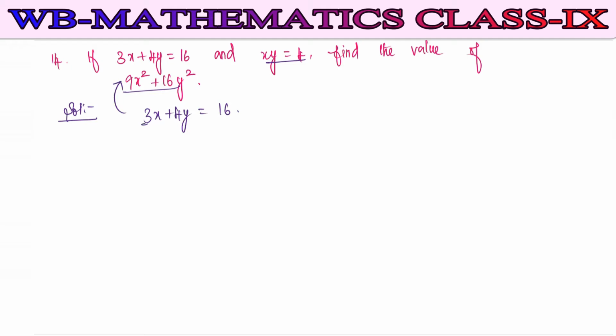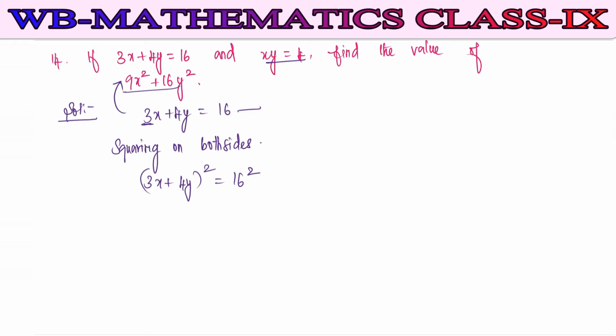So 3 square is 9 and x square is x square, plus 4 square is 16, y square is y square. So in the given expression, when we take squaring on both sides, we are going to get 3x plus 4y whole square is equal to 16 square.